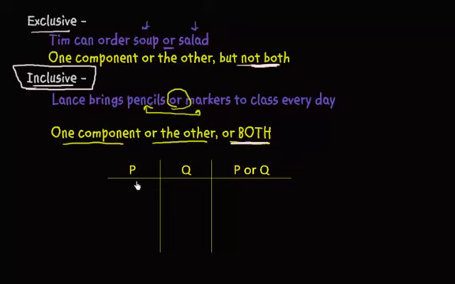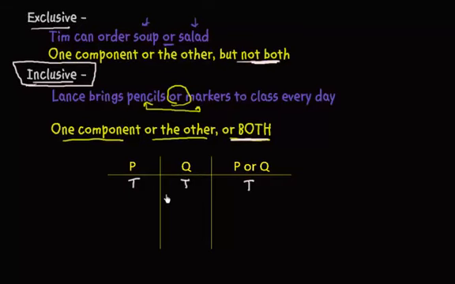So we have two statements, P and Q. Now when P is true and Q is true, then P or Q will also be true. It satisfies our statement above, that an OR statement will be true when at least one of the components is true. Because remember, in order for an OR statement to be true, just one of them has to be true.